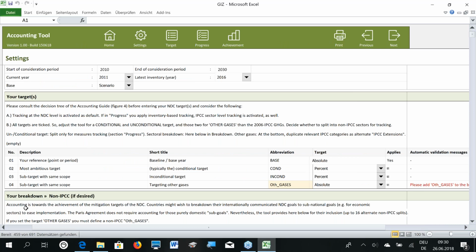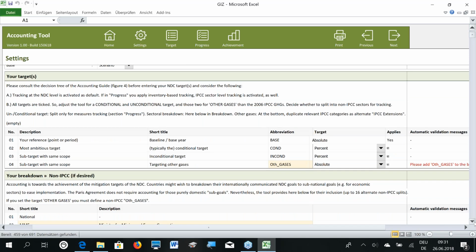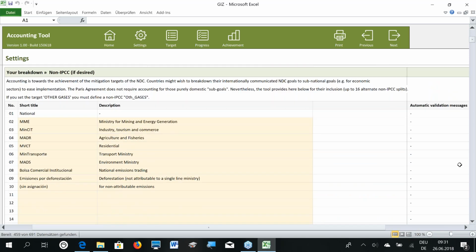This is actually something that comes here below, and is one of the measures that we included into the tool in terms of permitting a tracking that also helps, or is supposed to help, to track the implementation of the NDC, apart from the mere requirement of NDC accounting.